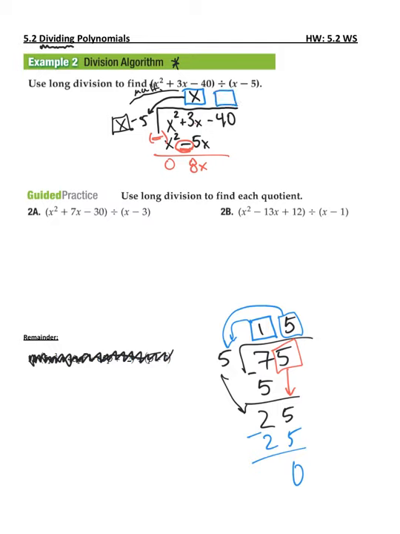Back up to the top here. What can I multiply x by to get an 8x term down here? Apologize, guys. 8 times x is going to give us 8x, again multiplying it by the binomial that's out here.